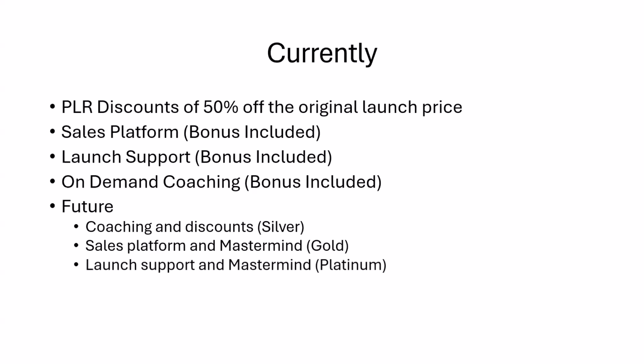Then launch support and the mastermind, we're going to start at $47, going up to $97. So if you want launch support, you'll need to get the platinum level in the future.